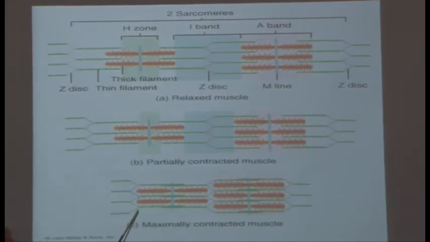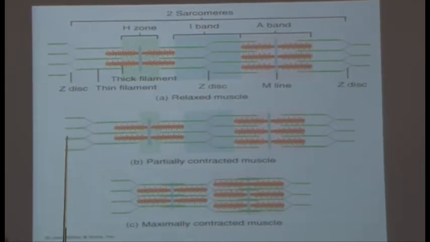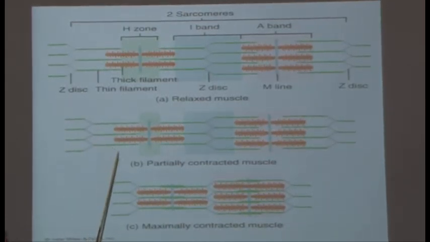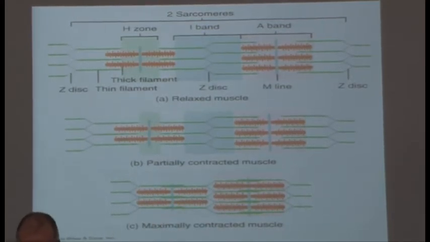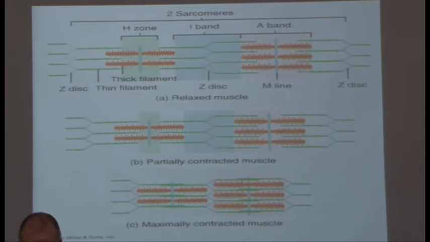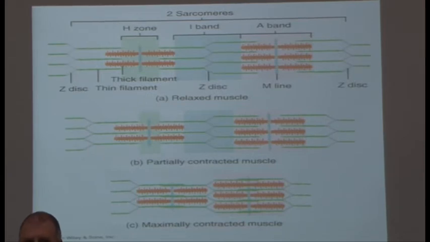Then look at what happened. Now the Z line is sitting right next to the end of the A band. And so all of this that was staining light, because it only contained actin molecules, now is gone. And so what we've actually done is pull all of the actin molecules toward the center, so that now everything's overlapping, and you would no longer see an I band.